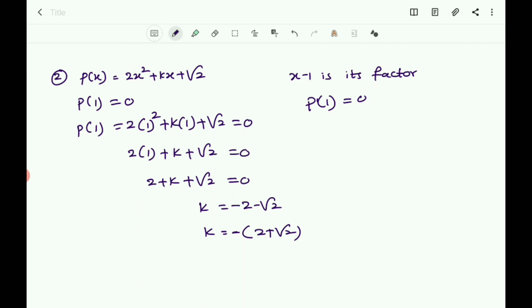Therefore the value of k you got is k equals minus of 2 plus root 2. As x minus 1 is a factor means P of 1 must be equal to 0, and taking the value x equals 1 we got the value of k. Next, the third one.